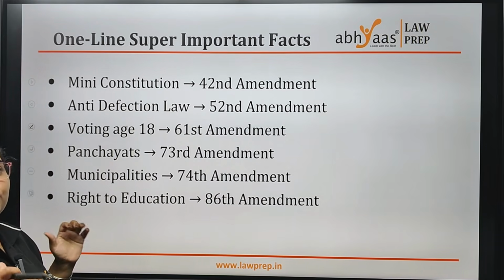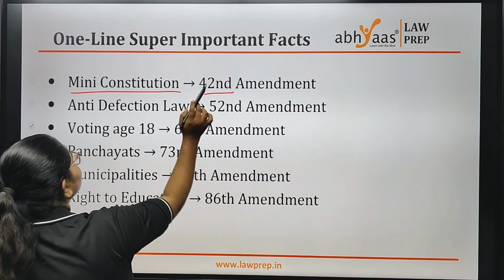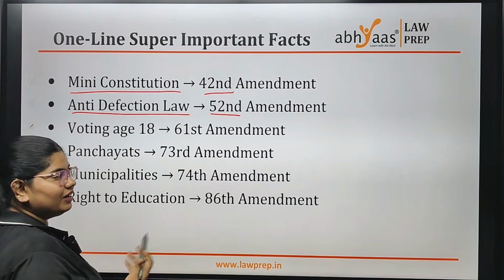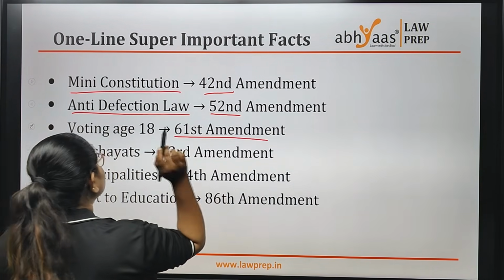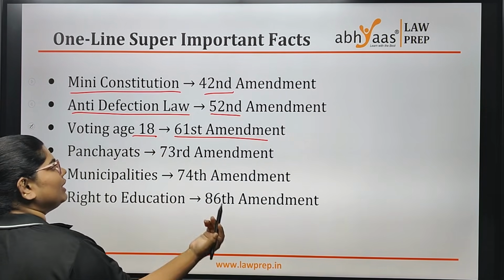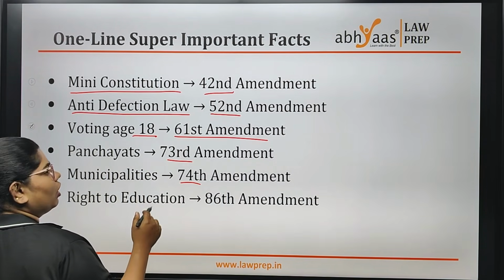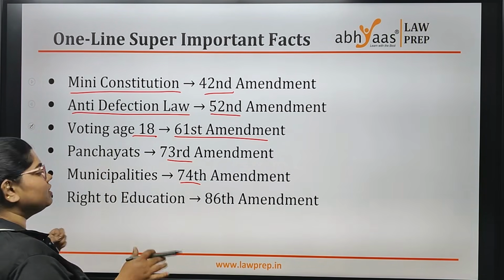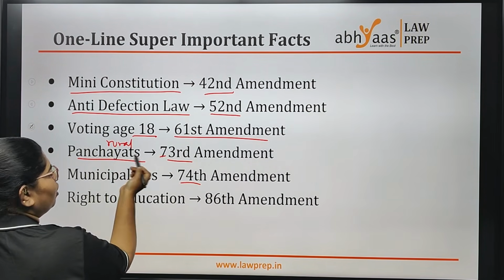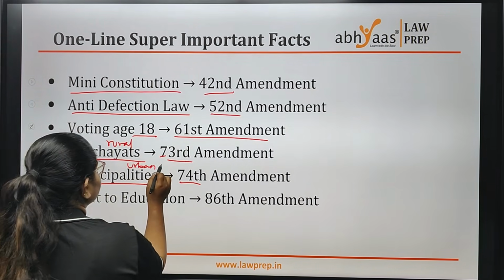The damn sure one which you should remember at any cost is 42nd Amendment, mini constitution. 52nd Amendment is also known as anti-defection law. 61st Amendment is known for the reduction of age for voting from 21 to 18. 73rd and 74th Amendment is talking about local body governance. 73 is about rural panchayats, rural governance. 74 is talking about municipalities, that is your urban governance.